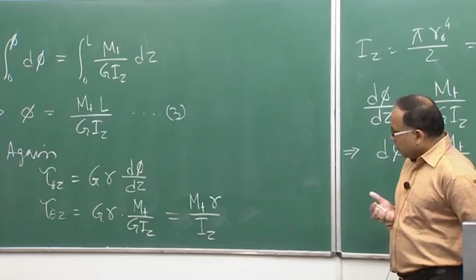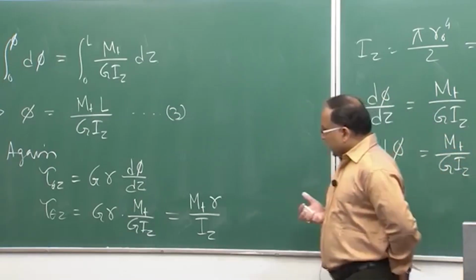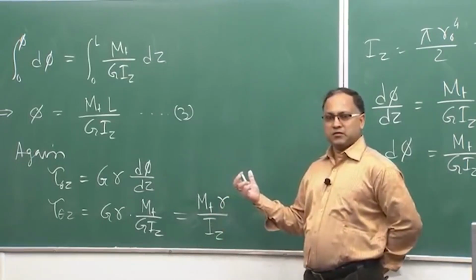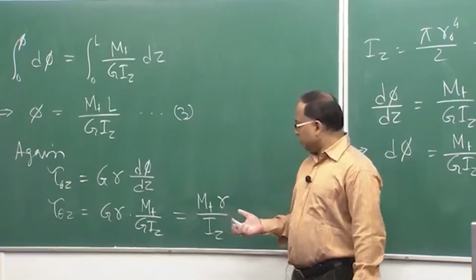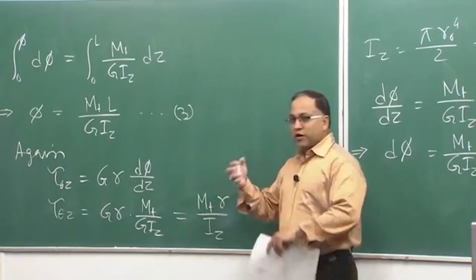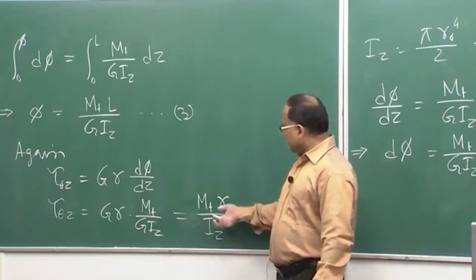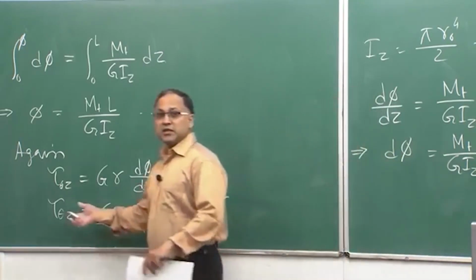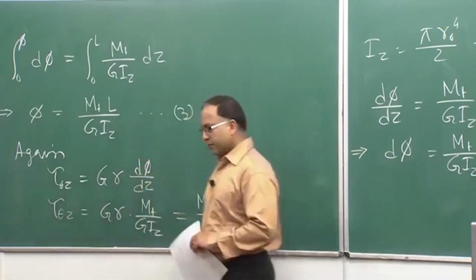That is obviously true, because for a constant amount of twisting moment, as you go towards the periphery you will be experiencing maximum shear stress, which is already known.